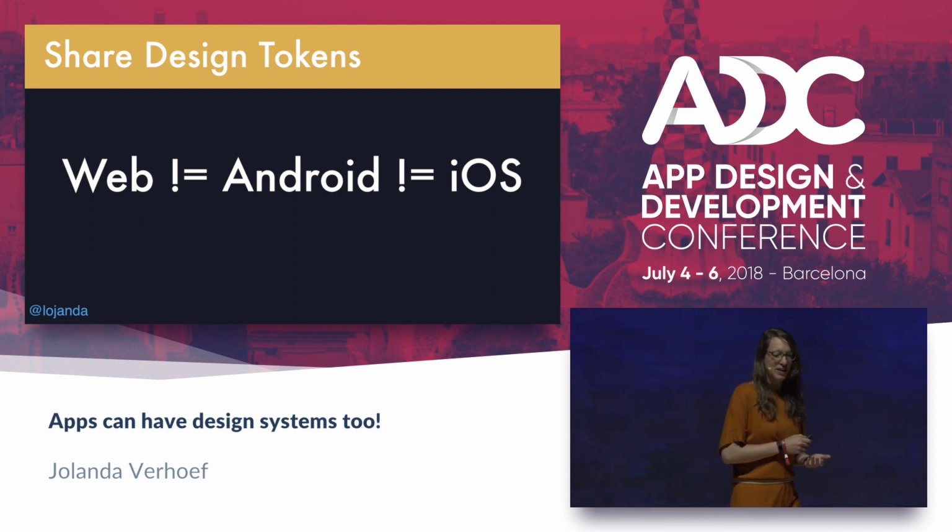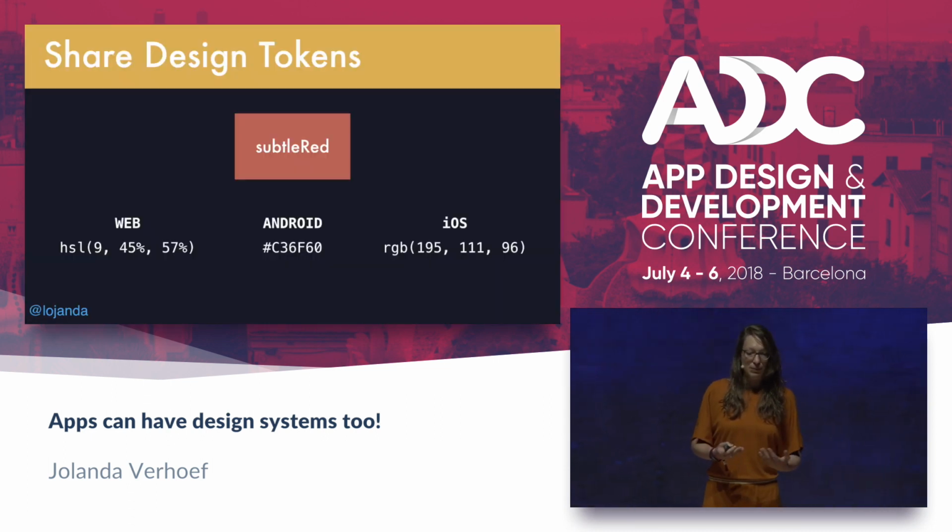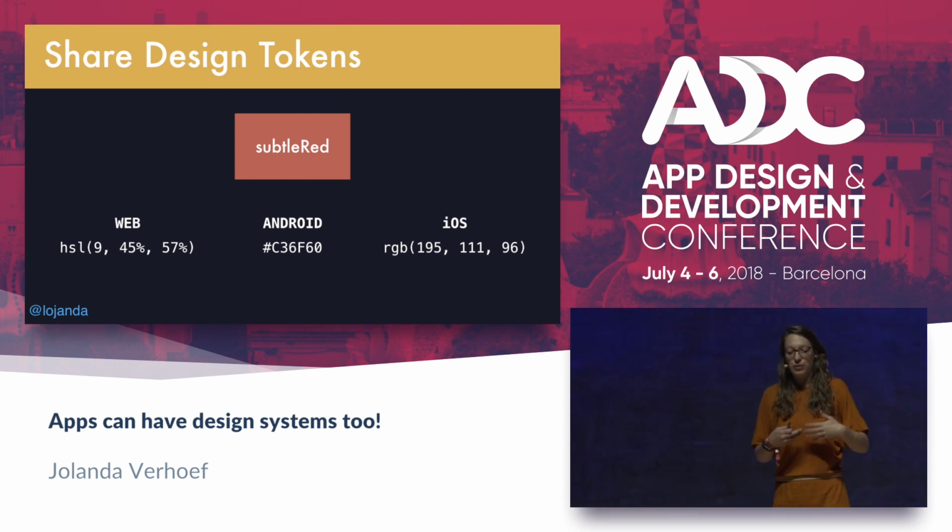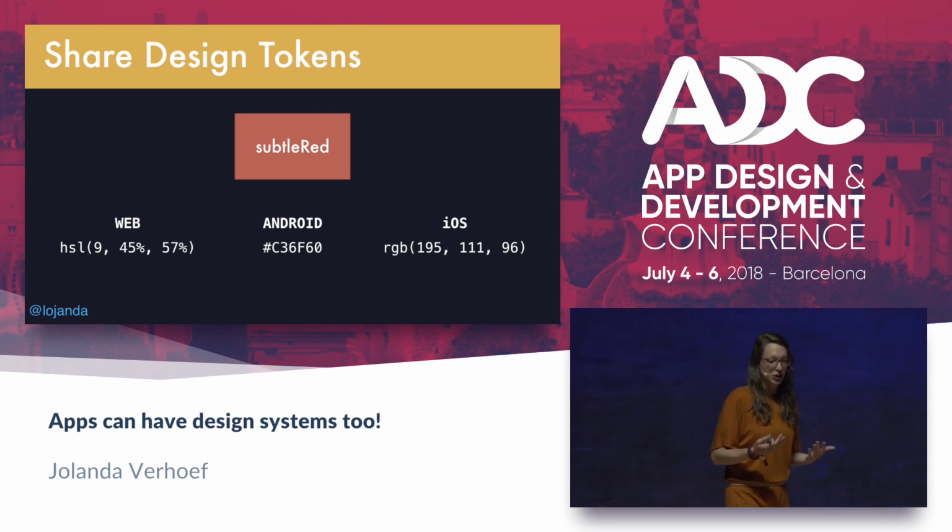Actually, if you take a look, the color red might be the same, so it's the same color that's called, for example, subtle red, but the representation is different for the different clients. For web, we could use hue, saturation, and luminance. For Android, there might be a hex code. For iOS, you could use RGB. So there might be different representations of that same basic color. And that is the same for the other design tokens as well. Even though the thing you're trying to describe is the same, the actual representation might be different.